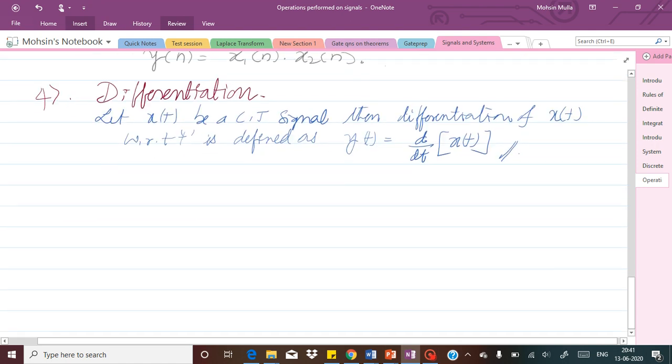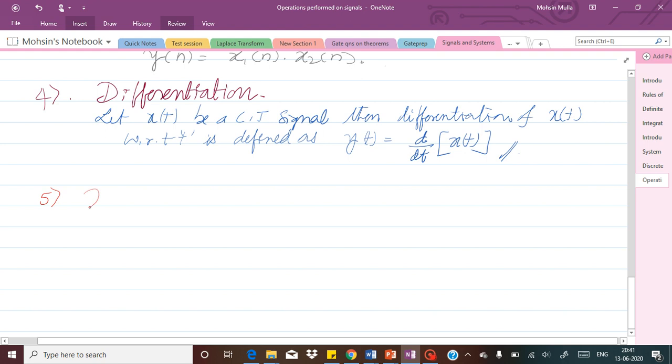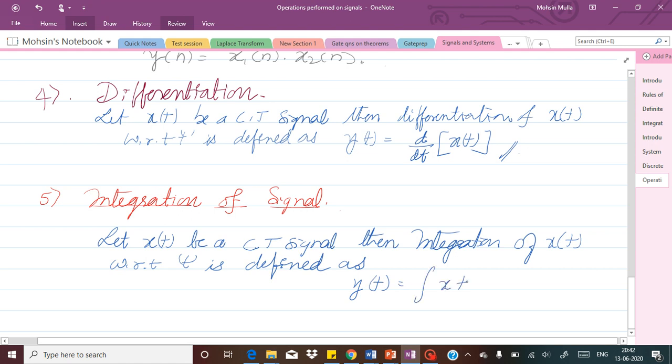Okay, so similarly we can obtain the integration of the signal. That integration is given as: let x of t be a CT signal, then integration of x of t with respect to t is defined as integration of x of t dt.